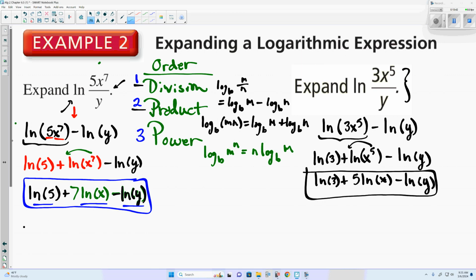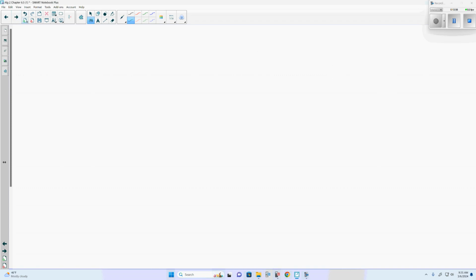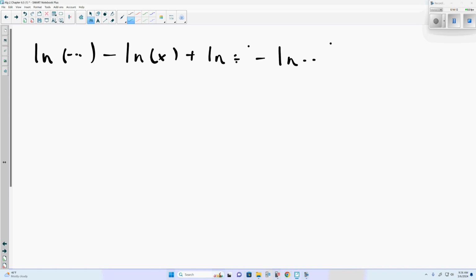It's not so much that it changes. The reason I use a little bit different order for condensing is it's kind of a reference I've made already. Because I pointed out that if something's in the bottom of the fraction, it's got to have the minus in front, yes? So if we're writing the terms out, there's nothing that says I have to have it in any specific order, because we could have ln of something minus ln whatever plus ln, then our term minus ln and keep going on.